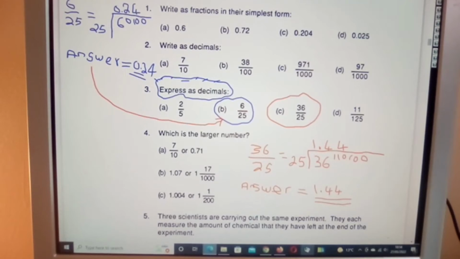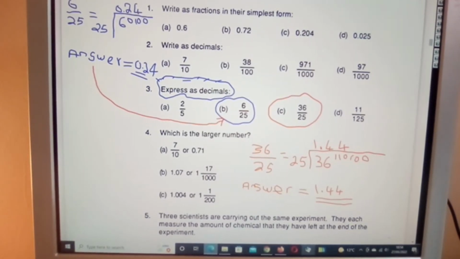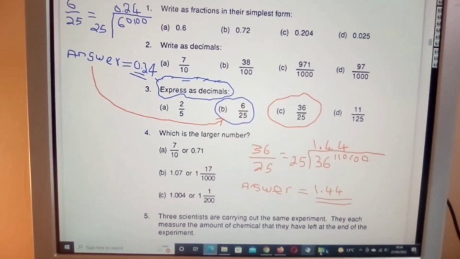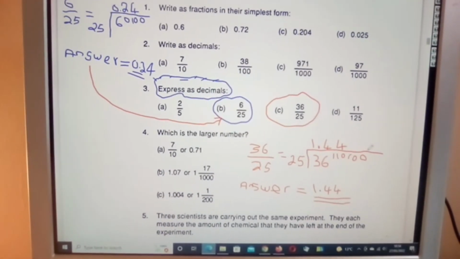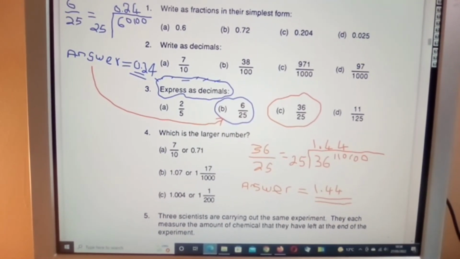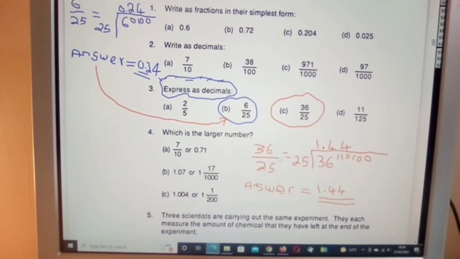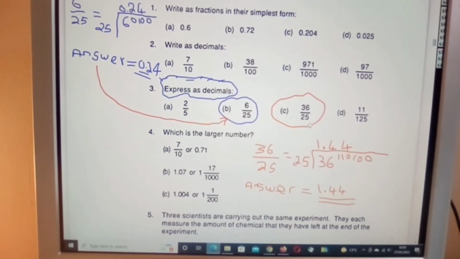Okay. Let me just do a little bit of cleanup. And I want to do this one down here, so I'm going to leave this up here. Okay, so I want to do a little cleanup. Let me get my rubber, okay? And I'm going to clean you out. Clean you out as well.